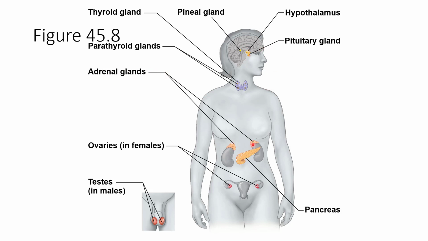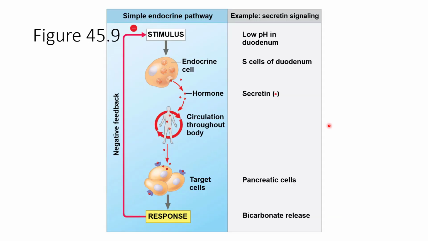Meanwhile, we have adrenal glands on top of the kidneys. We have the pancreas. We have the gonads, so testes or ovaries. The thyroid located here. All of these have different functions, secrete different hormones. And those hormones have various effects and are affected by feedback loops, negative feedback primarily.